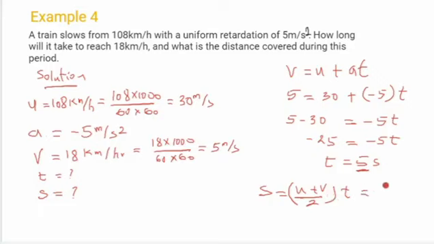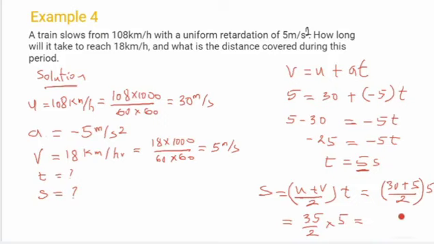U is 30 plus V is 5, over 2, and then times T, which is 5. So 30 plus 5 will give us 35 over 2 times 5.